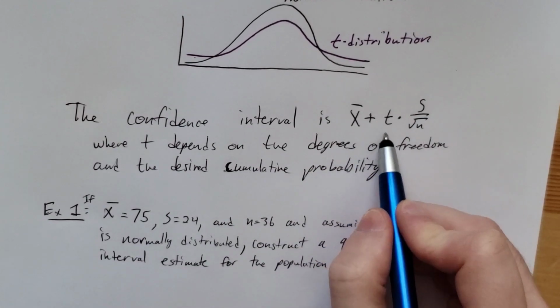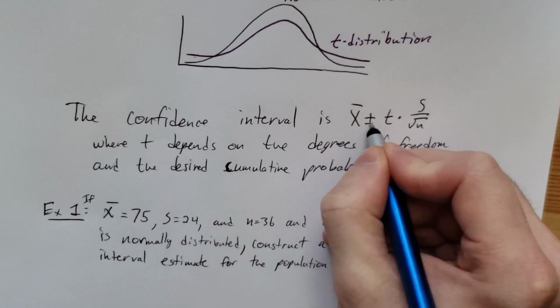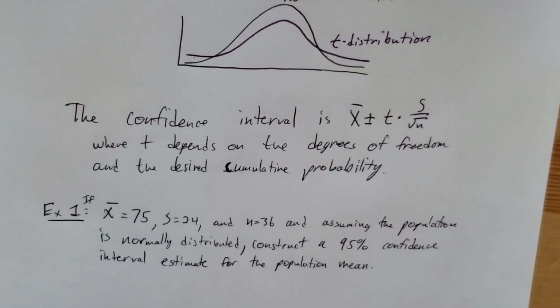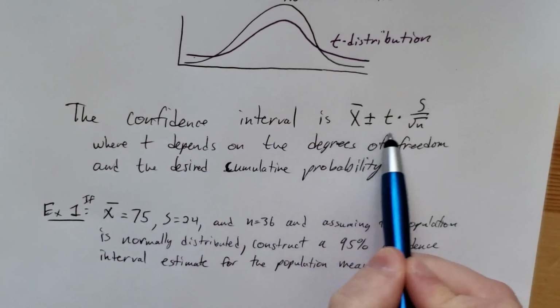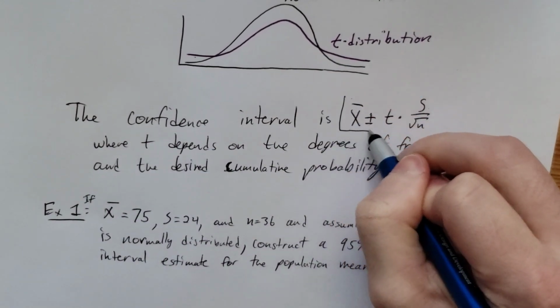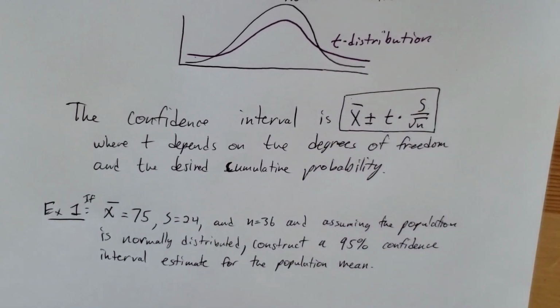Now we use a t-value, and plus or minus, excuse me, and we use the sample standard deviation. This is the formula we're going to use every single time in this section.